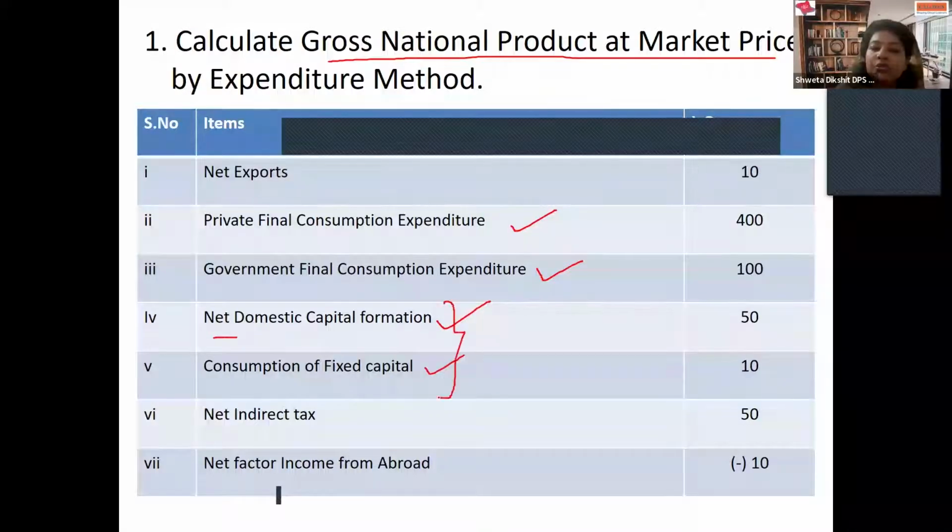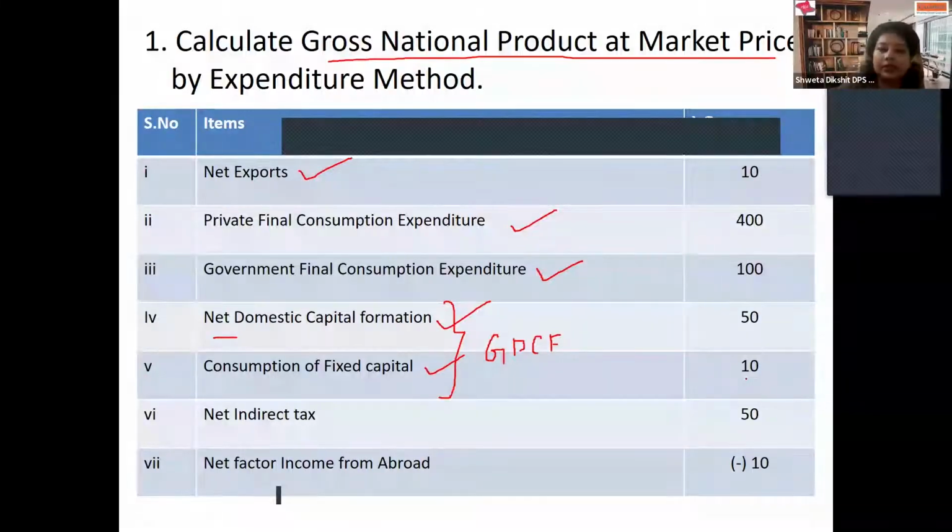That means these two together become gross domestic capital formation. Correct? Now the fourth one is net exports. So we got all the four values. The values can be added: 10 plus 400, 410, then 100, 510, and 50, that is 560 and 570.